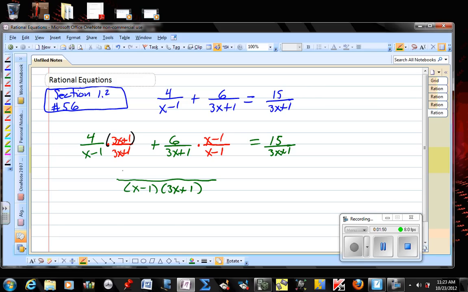So that's going to give us 12x plus 4. Then when we do 6 times this quantity x minus 1, we're going to distribute. That's going to give us plus 6x minus 6. And all this is going to equal 15 over 3x plus 1.